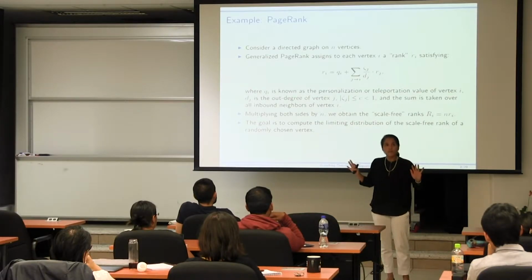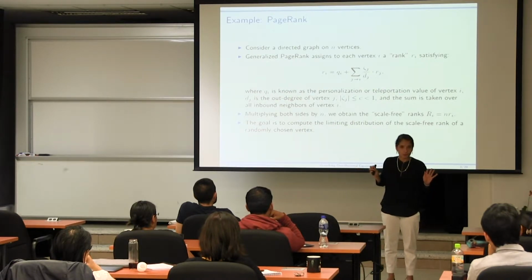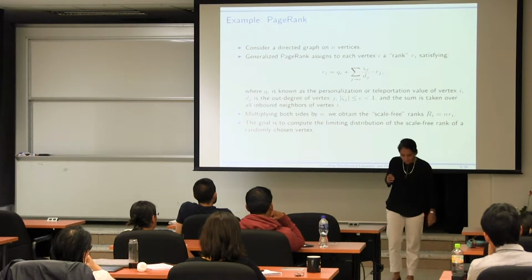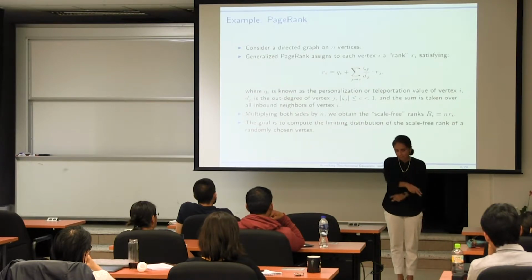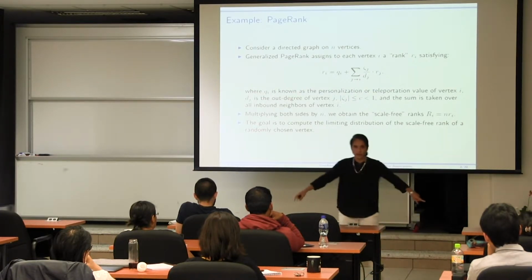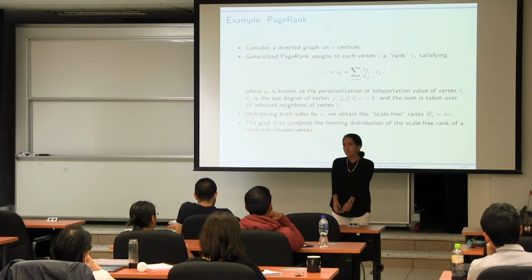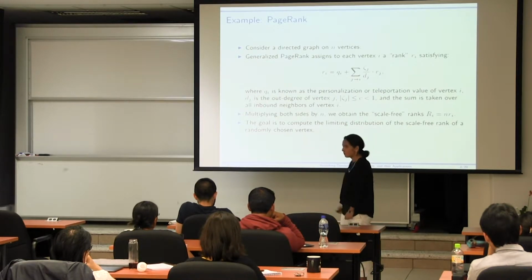Remember, let's ignore what the web pages have. If I ignore the content of the web page, basically what I'm going to design is the simplest random walk that I can think of, which is, if I'm at page i and there are 17 outbound links, I'm going to pick with equal probability one of those 17 and go there. Once I get there, if there are 3 links out, I'm going to pick with equal probability one of the 3 and go there. That's basically what I would do.